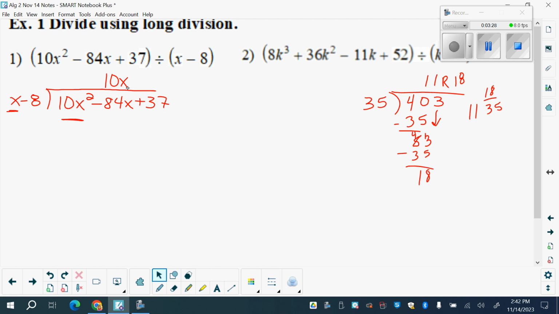So where it's different than over here, it's really easy for me to take 1 times 35, or even 2 times 35, because that number is all together. So now I'm going to take the 10x and multiply it by the x minus 8 on the side. What do I do when I take 10x times x minus 8?